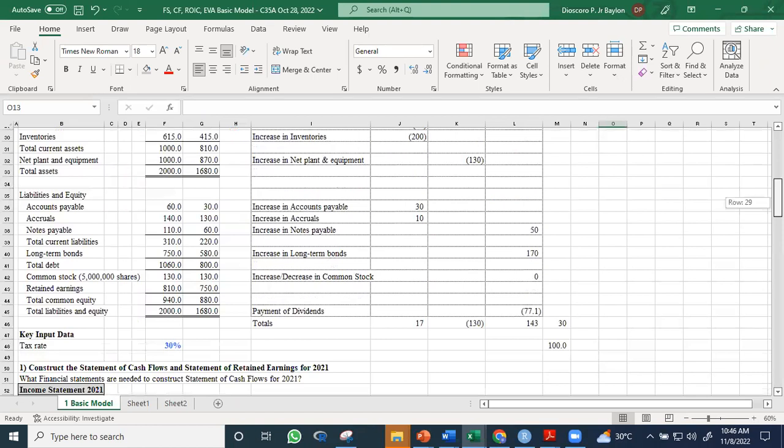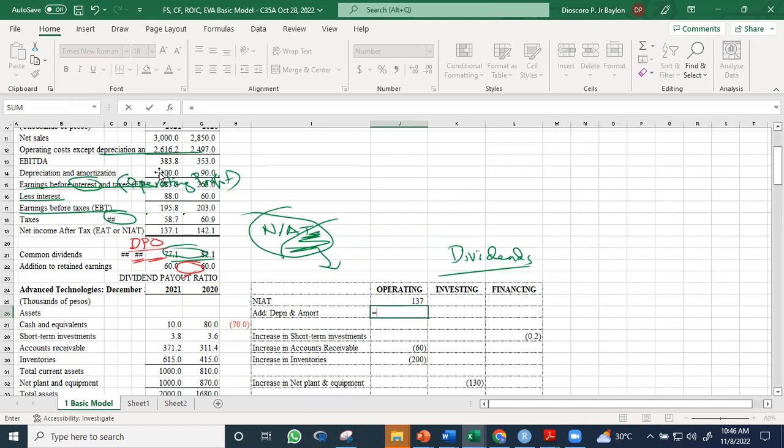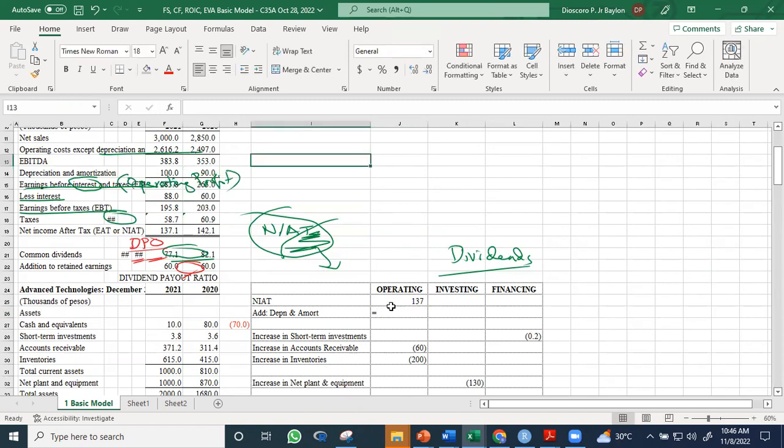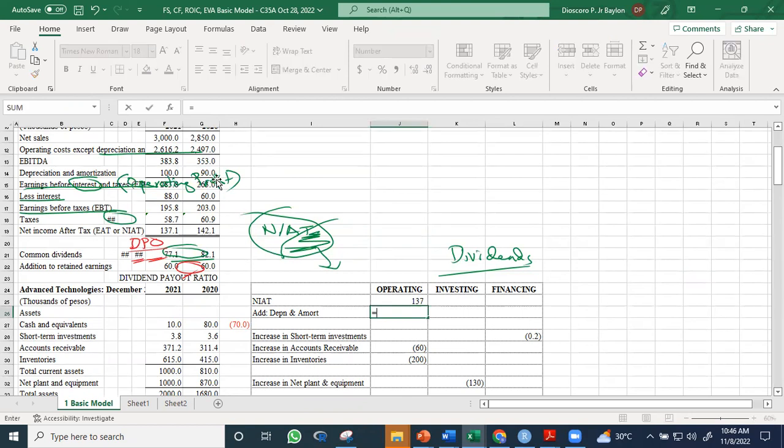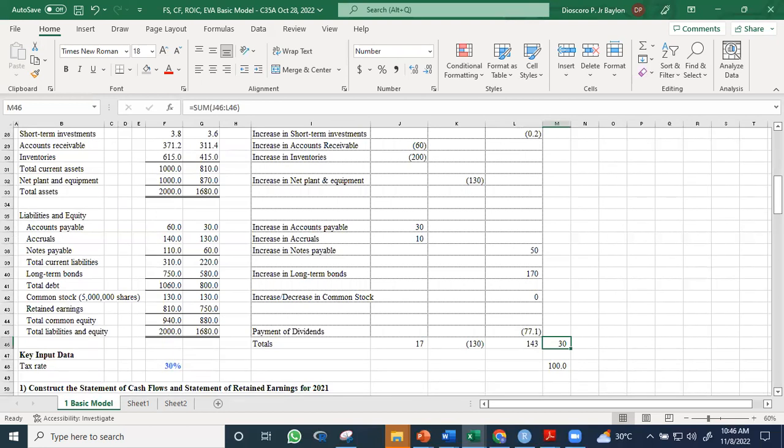Okay, but now we're back to here, 30. We're overstated by 100. So we have to delete this. Okay, but then again, we say net income after tax is not cash. So we have to add back depreciation and amortization. If we add back depreciation and amortization, we will have a problem with our balance.